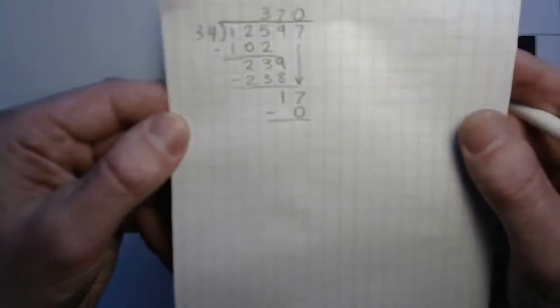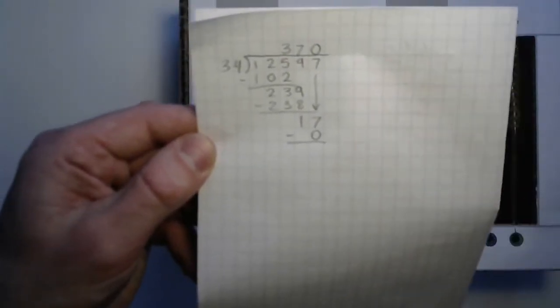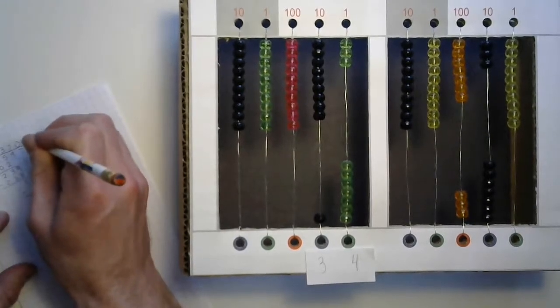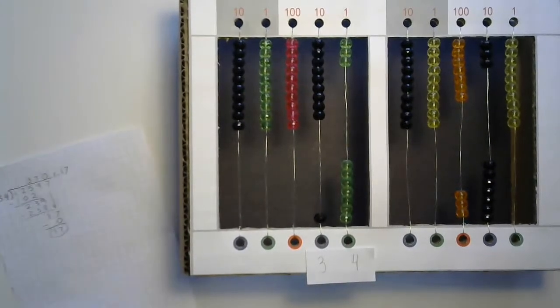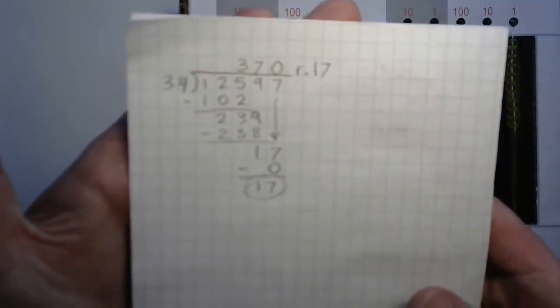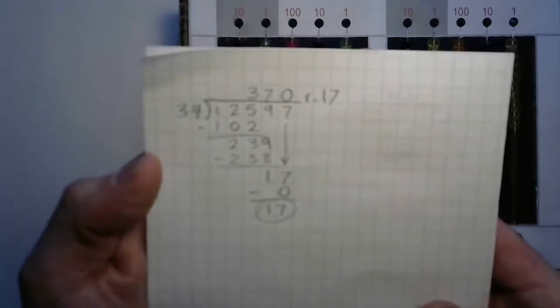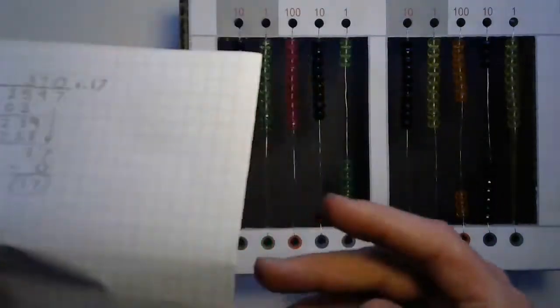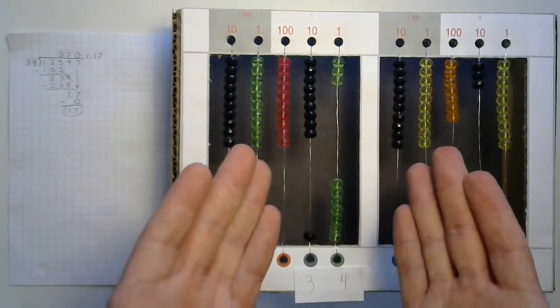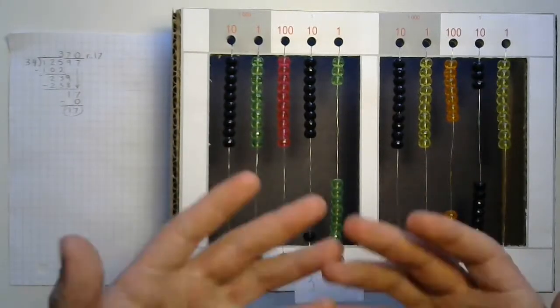Just keeps everything in the right place. And what is that answer? 17. You can circle that if you like, because that is the final remainder. 12,597 divided by 34 is 370 with a remainder of 17, conquered on this divided bead frame.